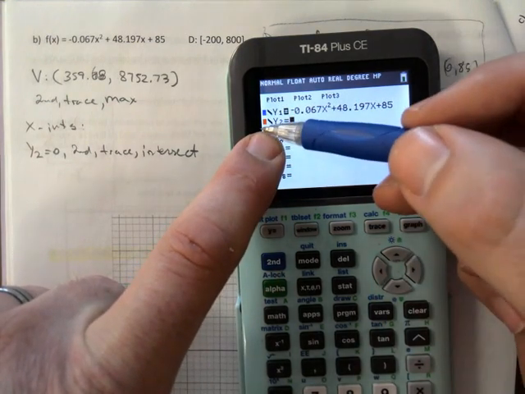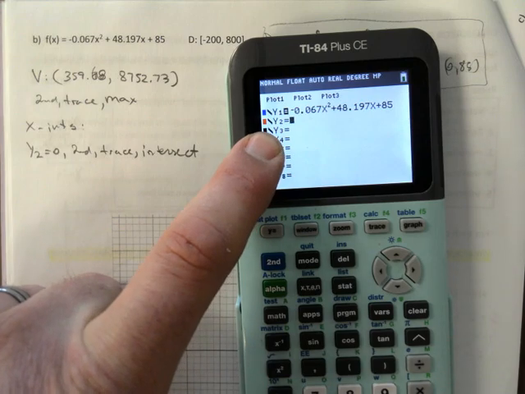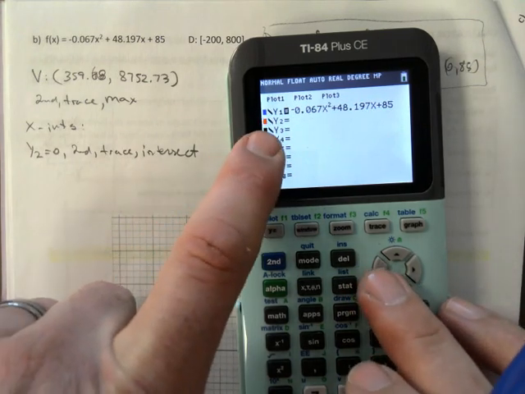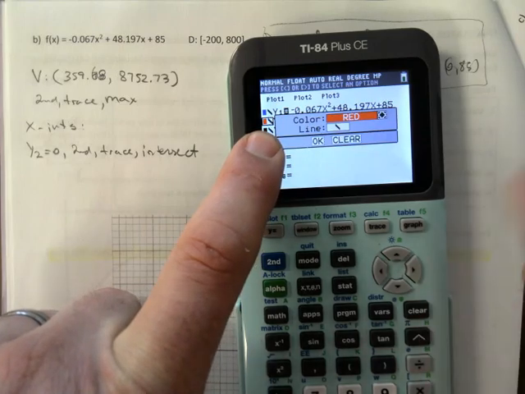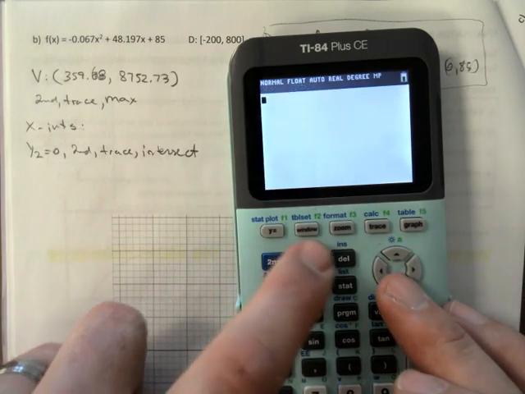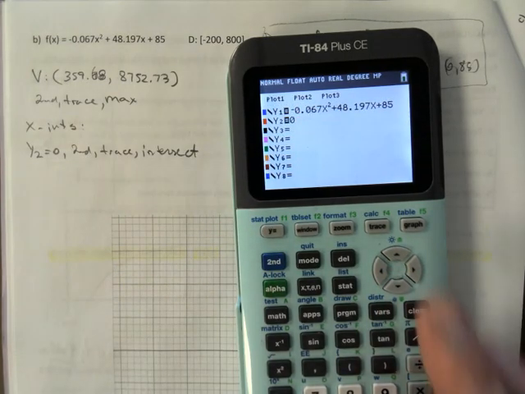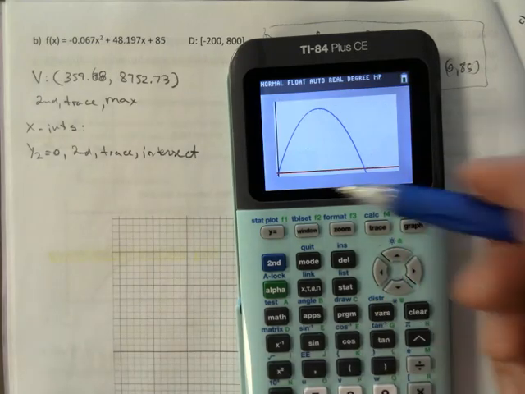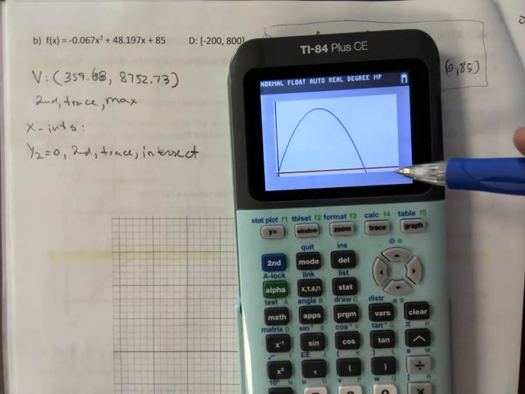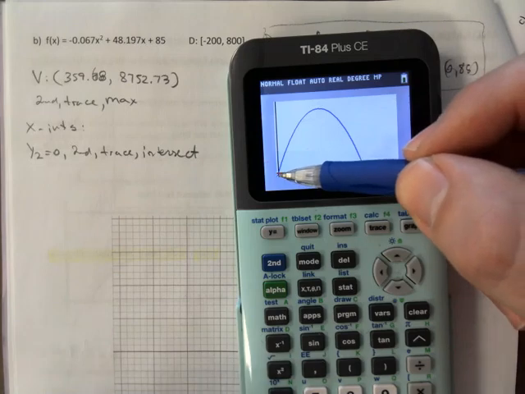It should be a red line. If somebody else messed with your colors, you can change the colors. You can actually go to the color, hit enter, and pick the color of your choice. I will keep it at red. So y2 is equal to 0. That's a horizontal line you're graphing along the x-axis. I'm going to find this intersection first.